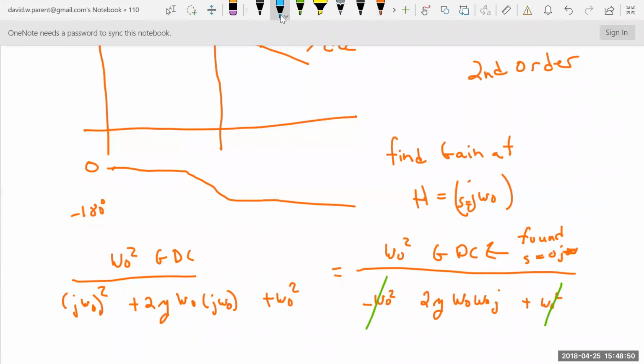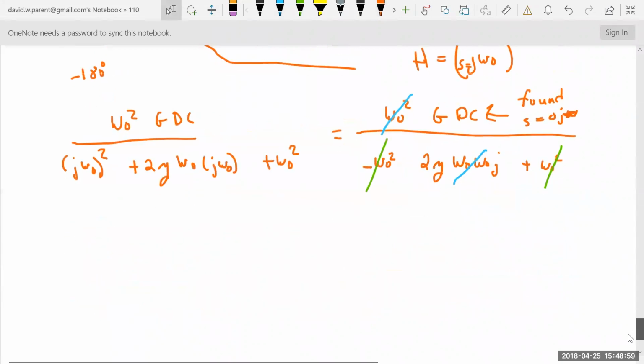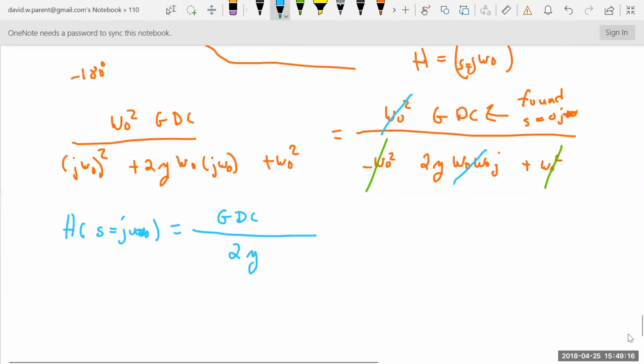Well, notice the omega naughts still cancel out, and we're left with H(s) equals j omega naught, the gain DC divided by 2 damping coefficient j.